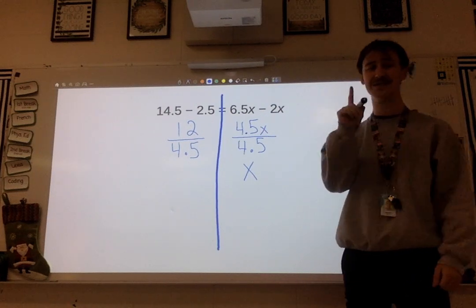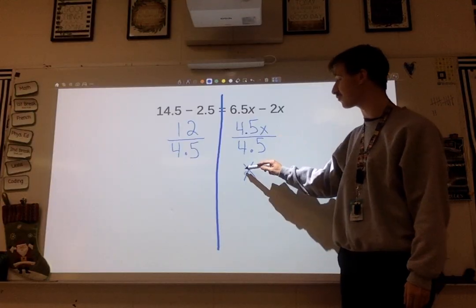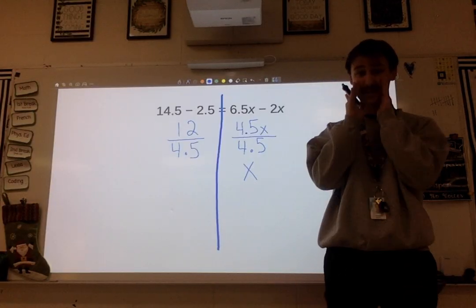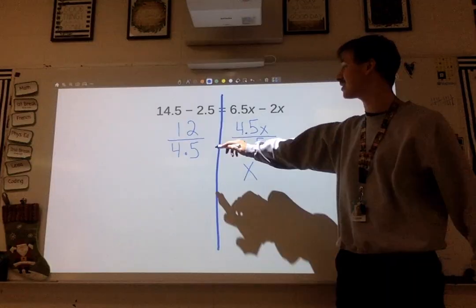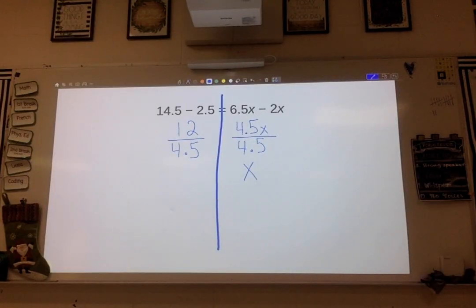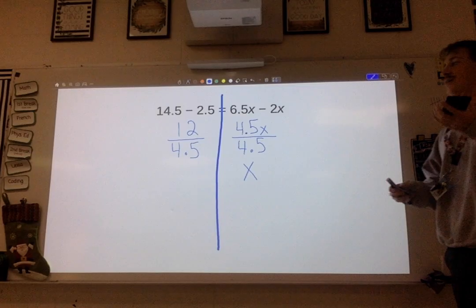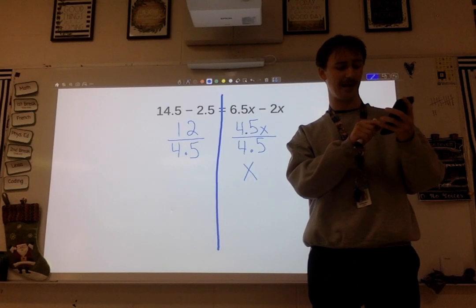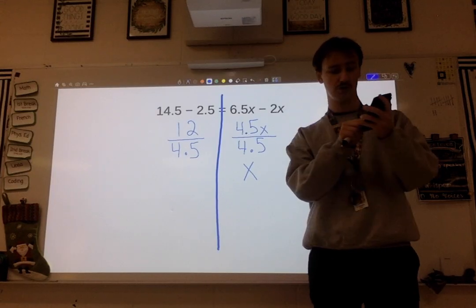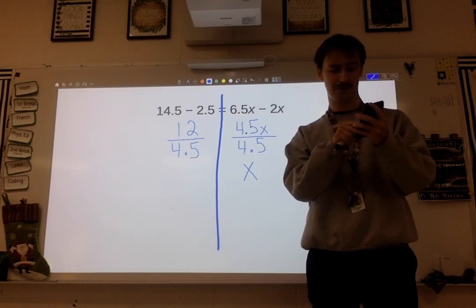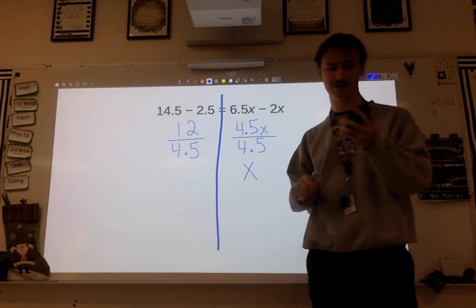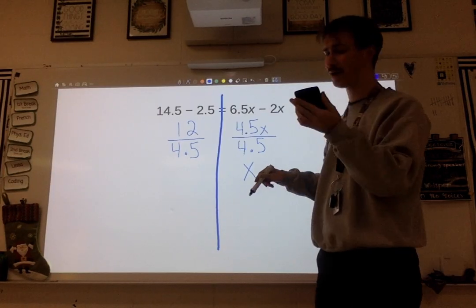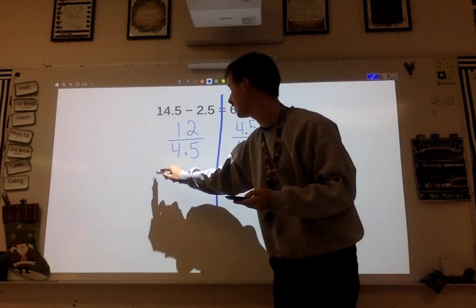And every single time, we are going to be left with just our variable, because that's the goal of solving the equation. Now what's left over here, I can't do 12 divided by 4.5. So I'm going to bring out my handy calculator, and I am going to do 12 divided by 4.5 equals 2.66, repeating.